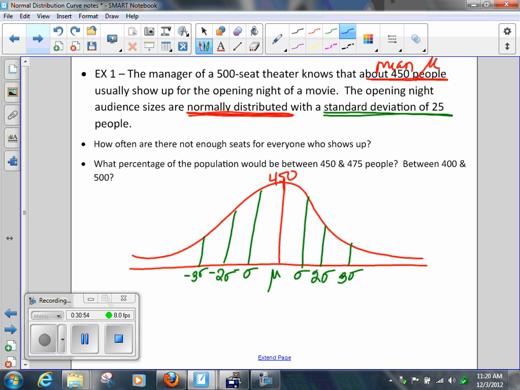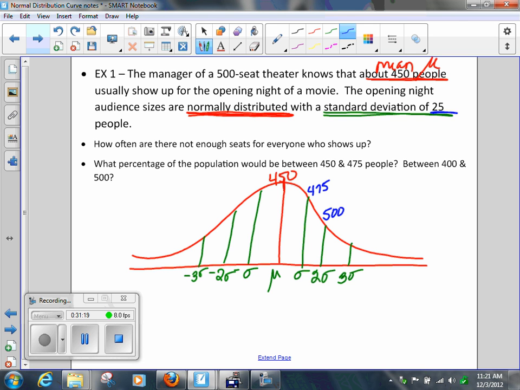One standard deviation away from the mean is 450 plus that standard deviation, which gives us what? 475. How'd I get that number? 450 plus 25, right? What is the number of the audience 2 standard deviations away from the mean? How much? 500.